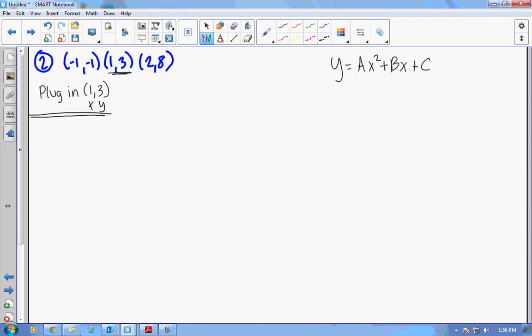Dylan Darter, can you please tell me your equation you got when you plugged in (1, 3)? Y is what number? Yeah, we're plugging into y equals ax squared plus bx plus c with the numbers 1 and 3.